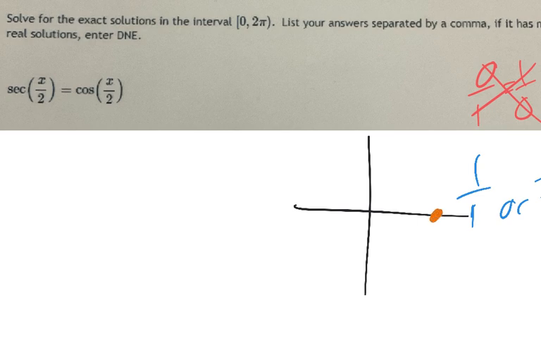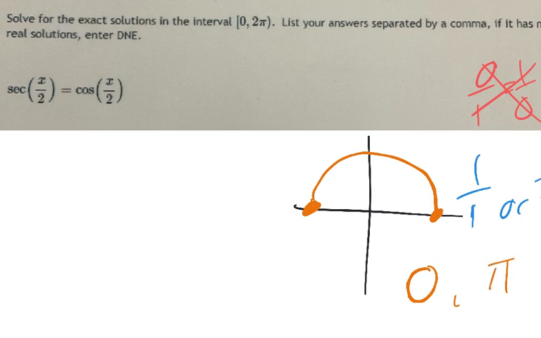That would be here and here, the two places I'm at 1 and negative 1 on the x-axis. How much did I rotate to get there? We're in radians, so 0 or pi.